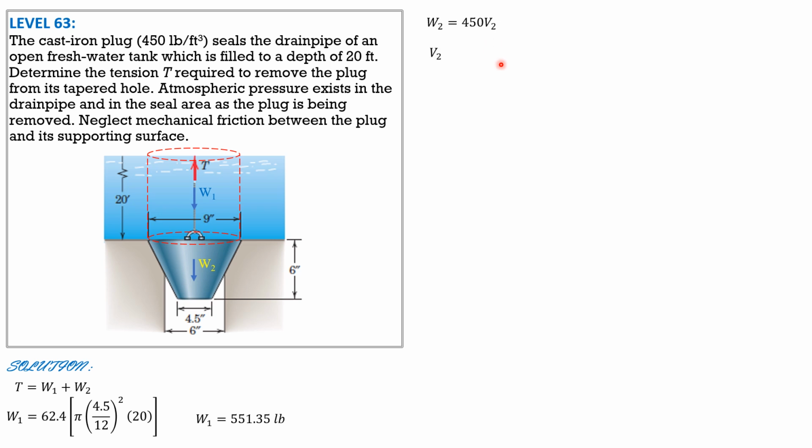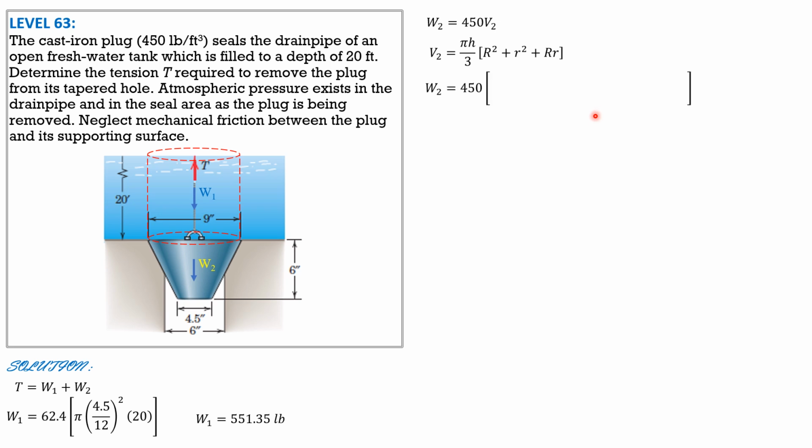Again, V2 is pi h over 3, quantity big R squared plus small r squared plus product of big R and small r, where big R is 4.5 inches and small r is half of 4.5, 2.25 inches, and the height is 6 inches. Then everything is divided by 12 cubed.